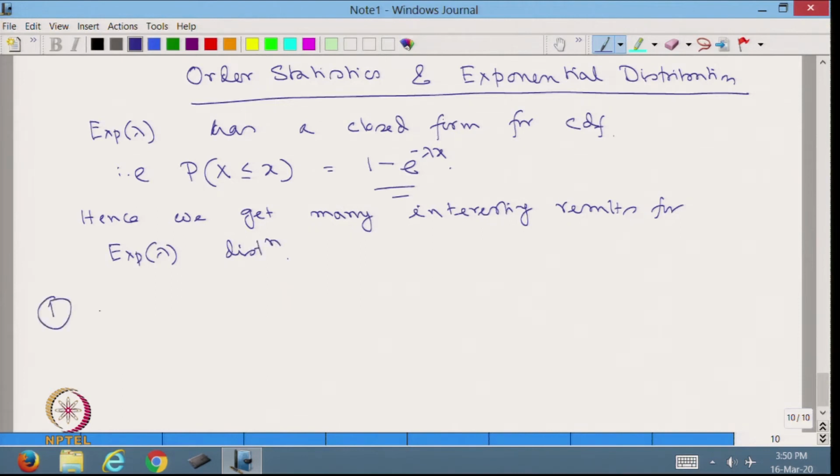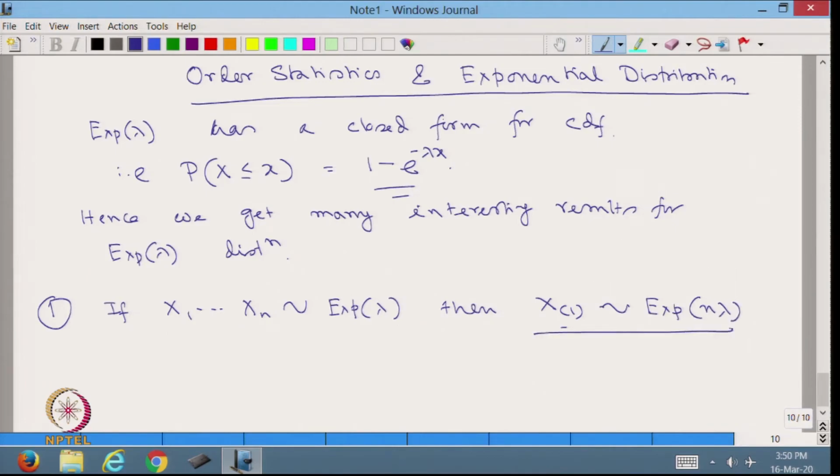One that we have already seen is that if X1, X2, ..., Xn follow exponential lambda, then X1, the order statistic, follows exponential with n lambda. This we have already seen, so I am not going to prove it again.